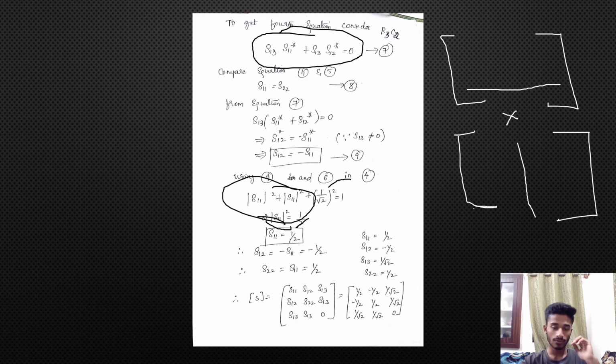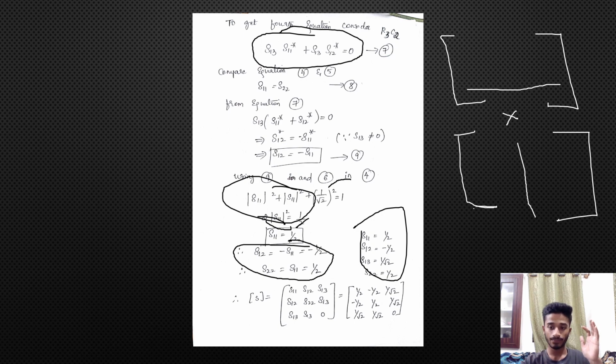Now, from the above equation, we can assume that S12 equals minus S11 equals minus 1 by 2. S22 equals S11 equals 1 by 2. So S11 equals 1 by 2, S12 equals minus 1 by 2, S13 equals 1 by 2, S22 equals 1 by 2.